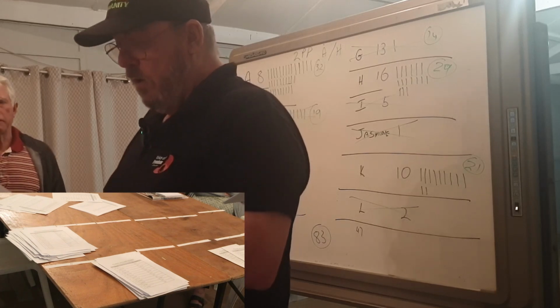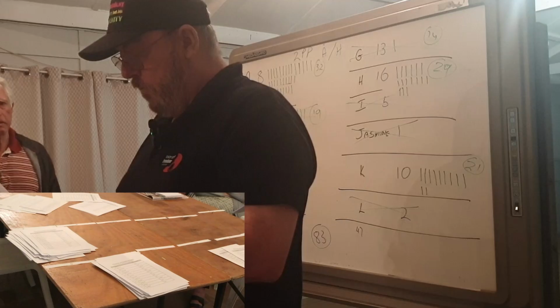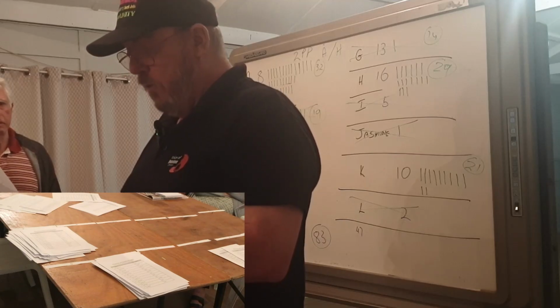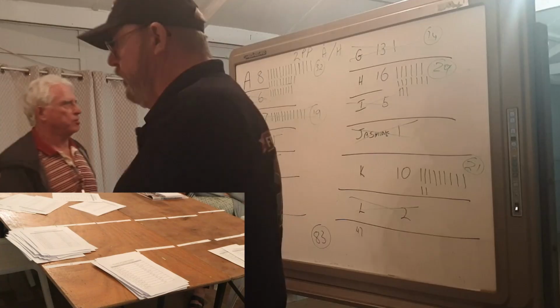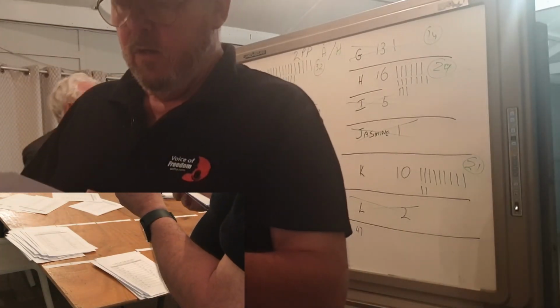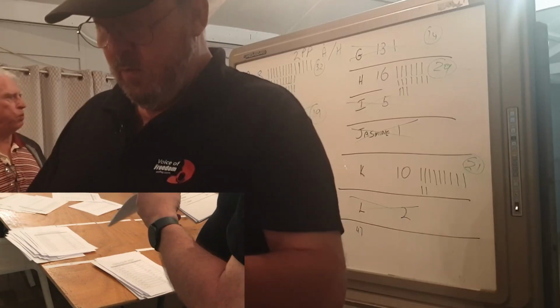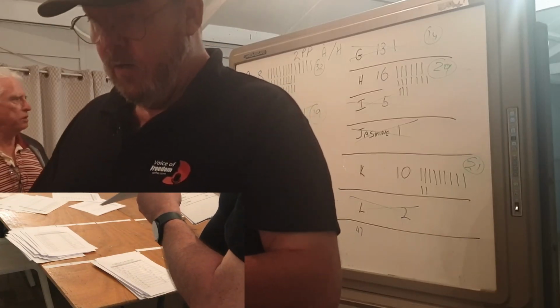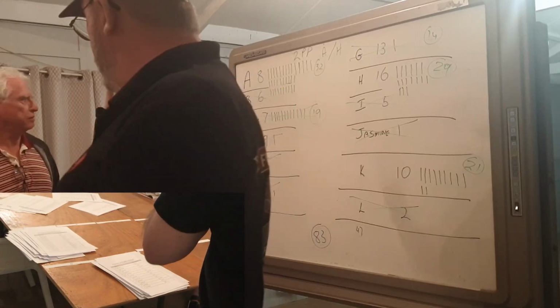Party G, no. Number 3 is Party I, no. Number 4, Party D, no. Number 5, Party A. Right, in this one, number 2 is Party I, no. Number 3 is Chris. That's 2 for Chris.